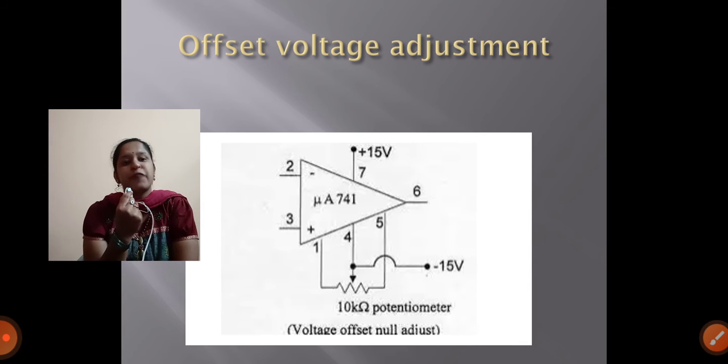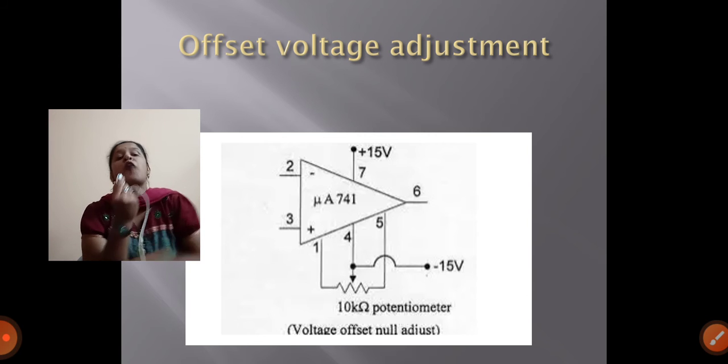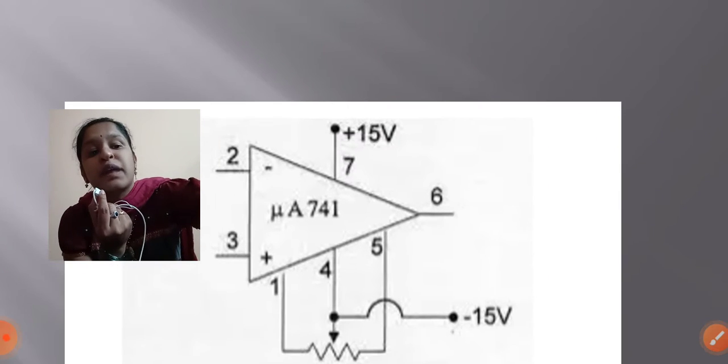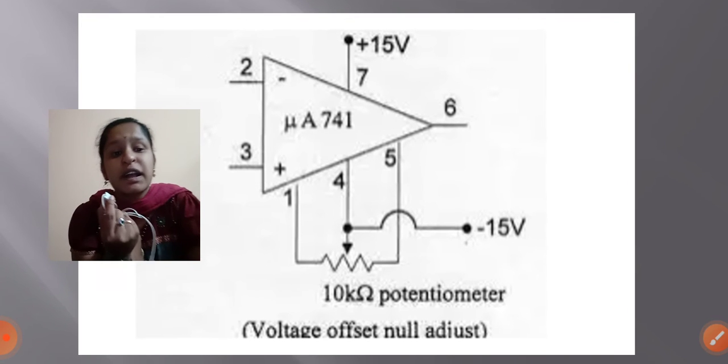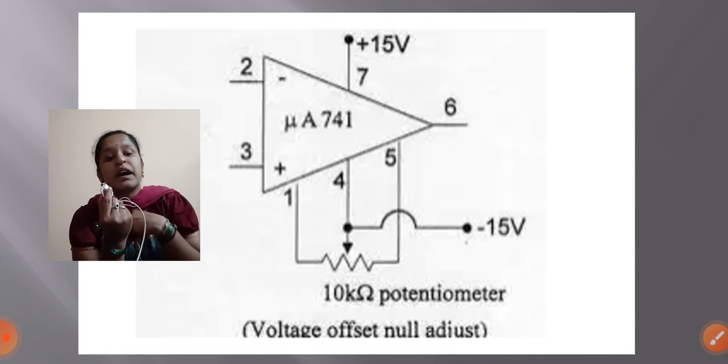In the same way, for the adjustment of the voltages here, it is pin number 1 and 5. They can connect the potentiometer to the operational amplifier. Between 1 and 5, they connect the potentiometer and adjust the voltages.